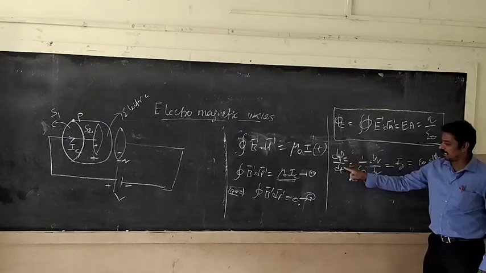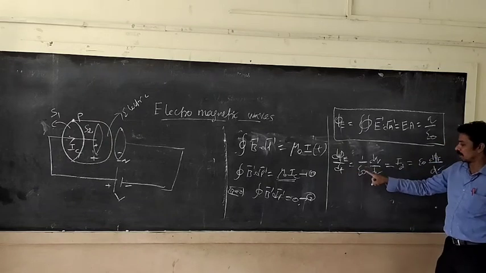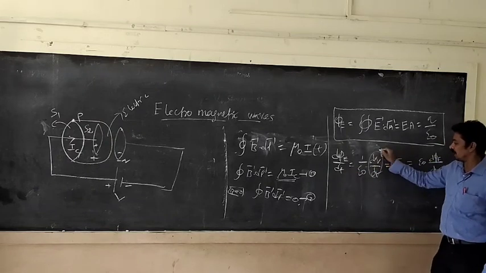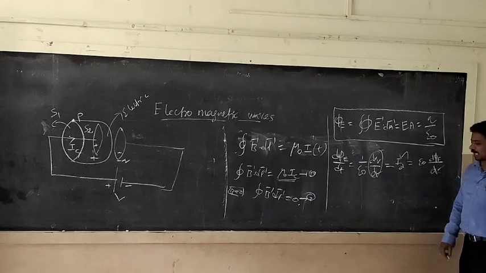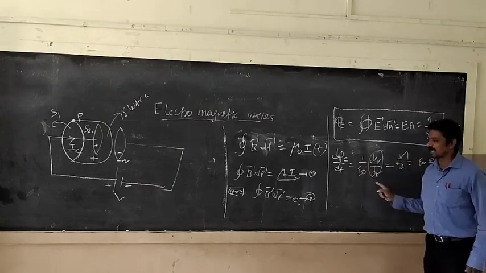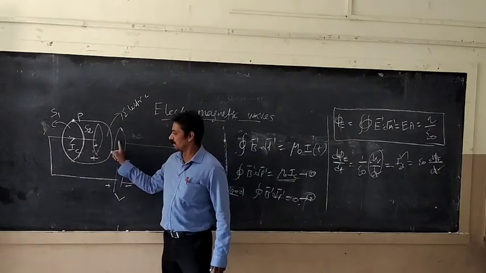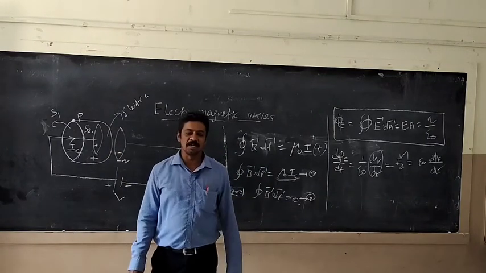What is d phi E by dt? It is the electric flux changing with respect to time, and epsilon naught d phi E by dt is the displacement current. So displacement current is equal to epsilon naught d phi E by dt, where the flux changes with respect to time between the two plates of a capacitor.